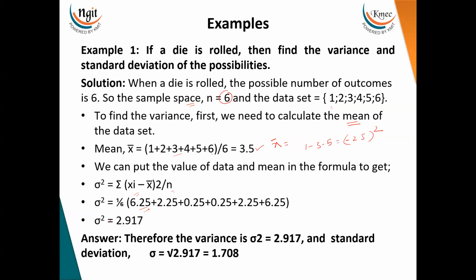So sigma square is given by this whole thing, and when you calculate it, the result is 2.917. Therefore, the variance is 2.917 and the standard deviation is the square root of the variance, which is 1.708. So this is how we find the variance and standard deviation of a whole population or a sample population.